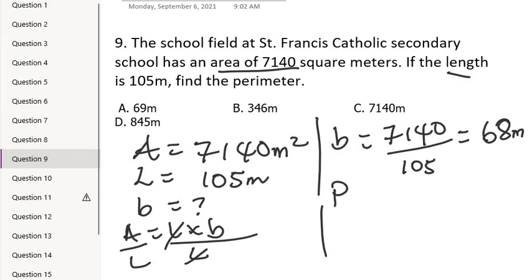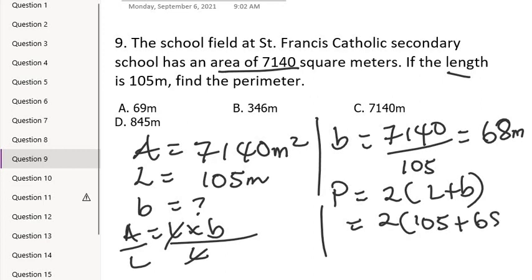Perimeter of a rectangle, since the school field is rectangular, equals 2 bracket L plus B, that's length plus breadth. So 2 bracket the length, which was given as 105, plus the breadth, which is 68. What will it give us? 5 plus 8, everything here will give us 173.